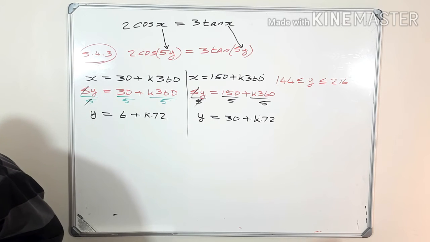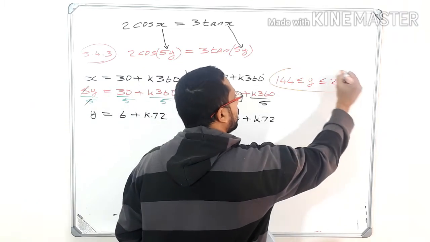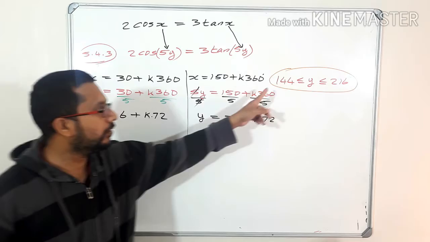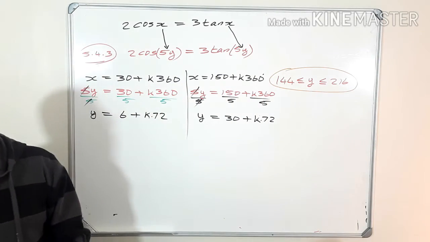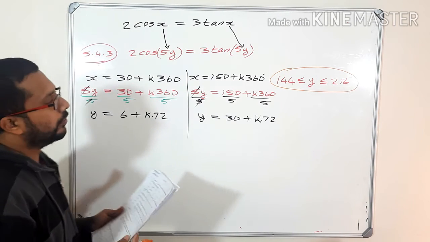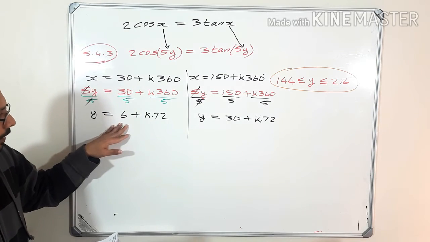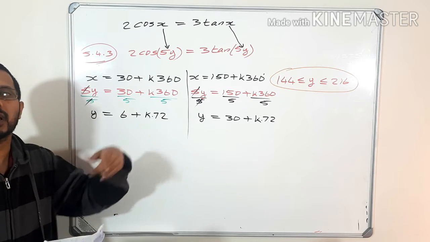We want to find two values of y between these two intervals. That is very important. Now you know that k stands for the cycle, first cycle.